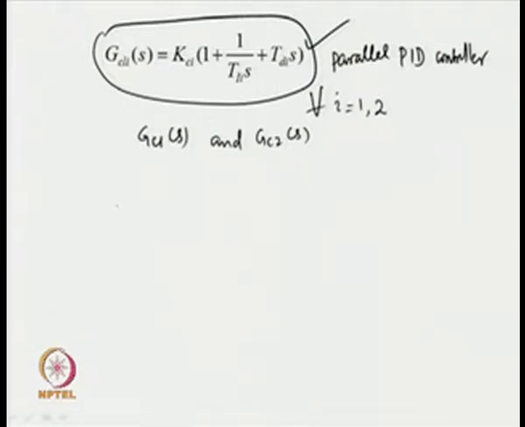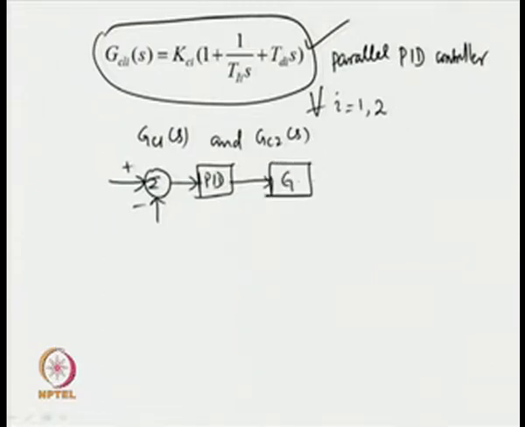Now, we know earlier that for a SISO system, when a PID controller is present in the feed forward path, then we have a single input, single output process.